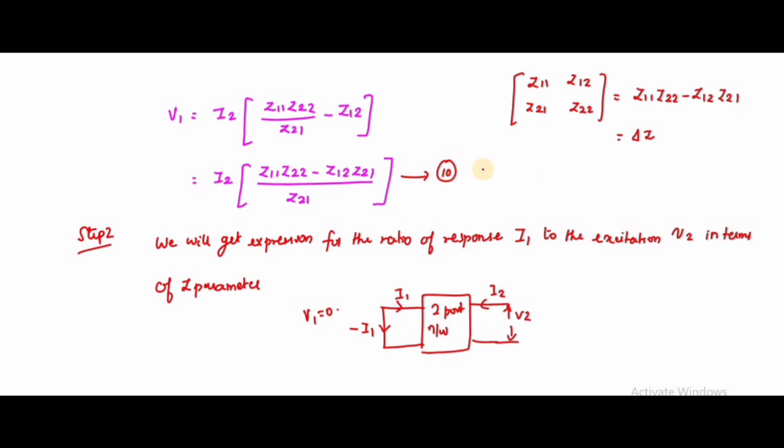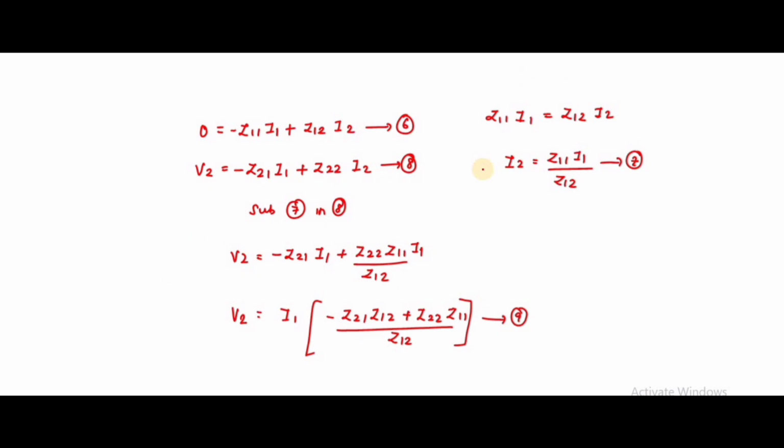So from equation 10 and 9, I can write, I'm going to compare these two equations. Okay, 9 and 10. So V1 is equal to V2 and I1 is equal to I2. There is a condition for the symmetry. Okay.